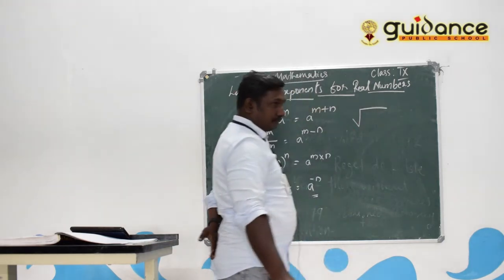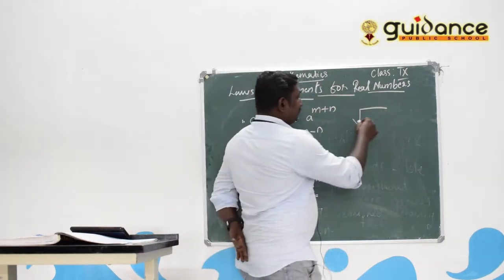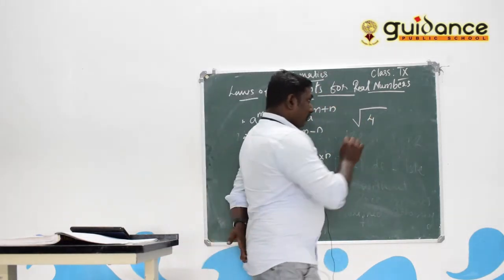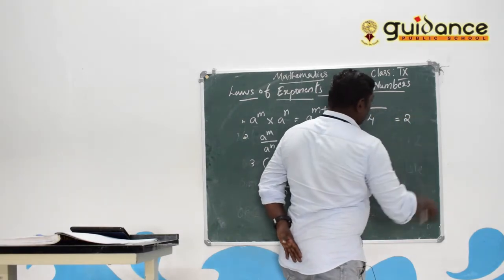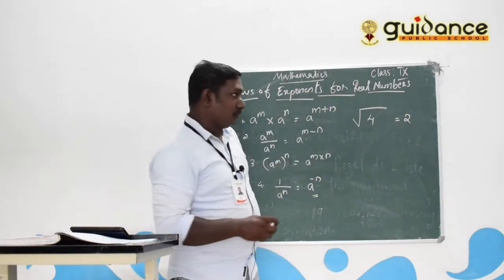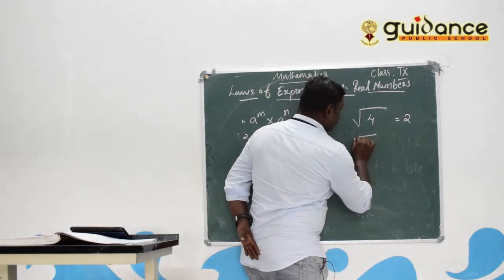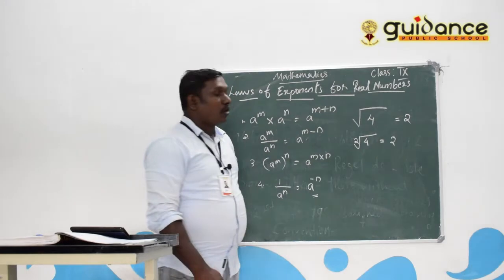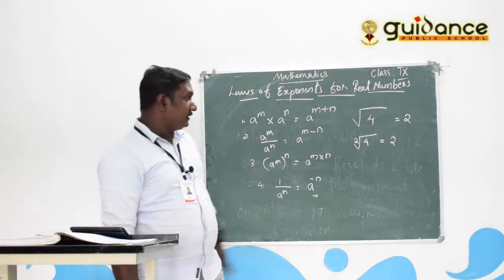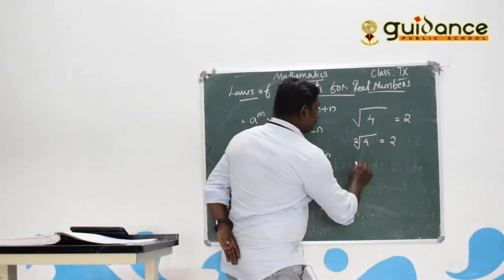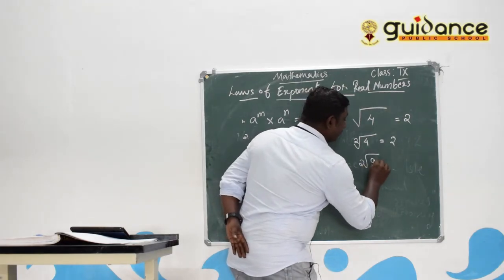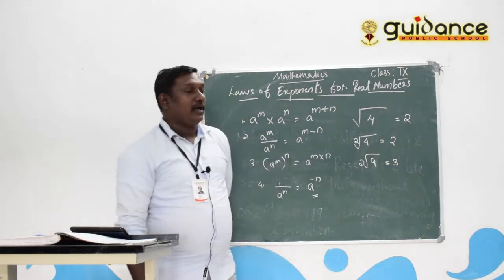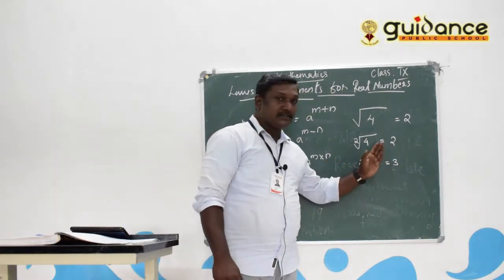what is this? The square root of 4 is equal to 2. Square root of 9 we can say is 3.